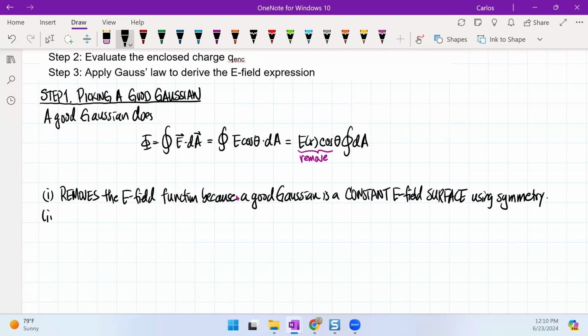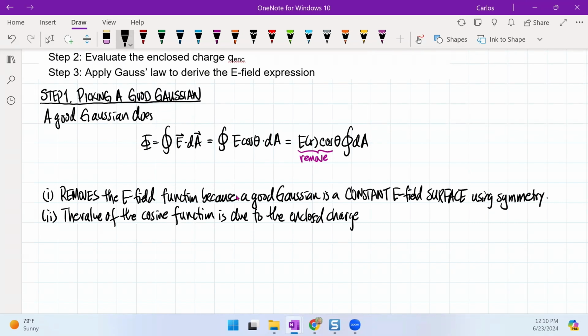The other thing here is that now the value of the cosine function is due to the enclosed charge.